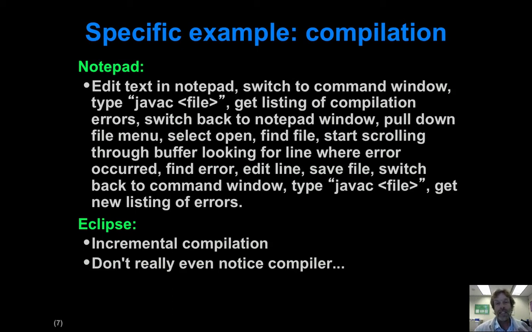So with IDEs, the idea is that you do less context switching, which enables you to spend more time in the flow state, which is another important concept for this class and for software development in general. You want to be in the flow state, and your tools can either help you get into that state or can fight you being in that state. Okay?